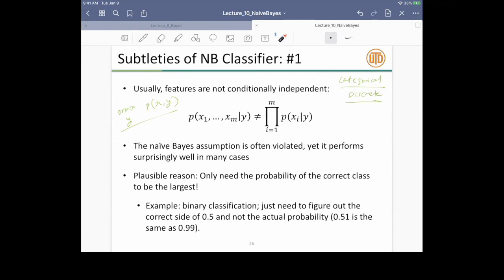So if you view it from that perspective, the conditional independence assumption is not really a bad assumption. The maximizers might be roughly in the same direction. Again, for binary classification, you just have to figure out the correct side of 0.5, not the actual probability. So even if you get 0.51 as the probability estimate, or you get 0.99 as a probability estimate, both are going to be the same, right? So this is one of the reasons why naive Bayes works well.